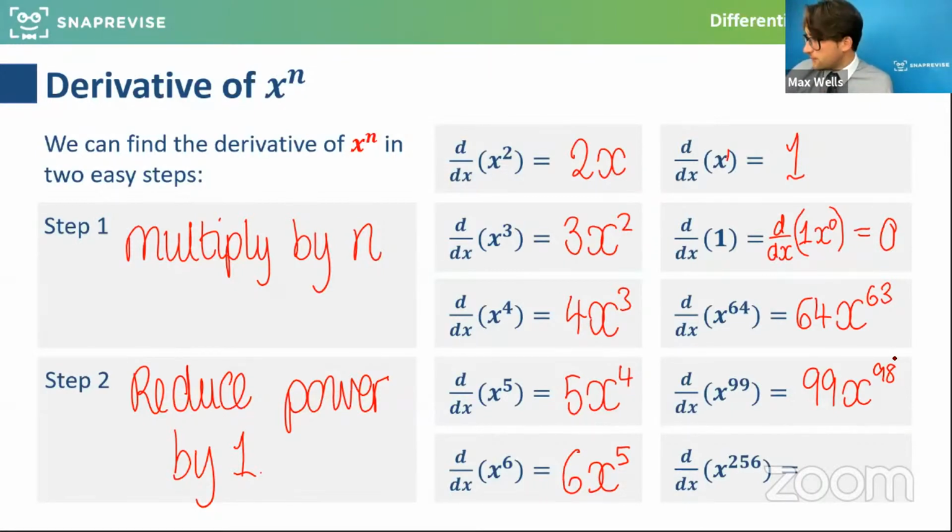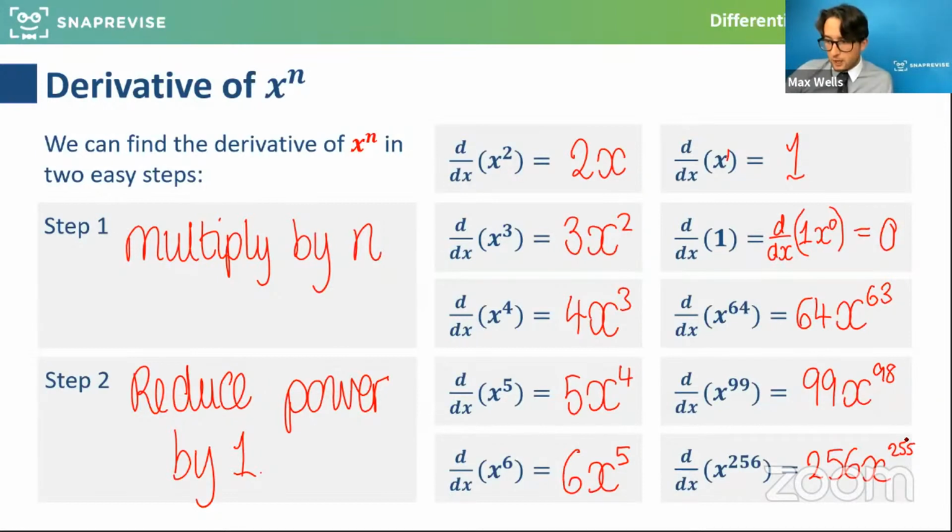So then the next one, yeah, very good. Lovely. You can see the answers coming in to the 255. Cool. So hopefully we've got that. And yes, just for clarification, as we said, any x to the 1 just becomes 1, and any constants will go to 0. Absolutely. Brilliant.